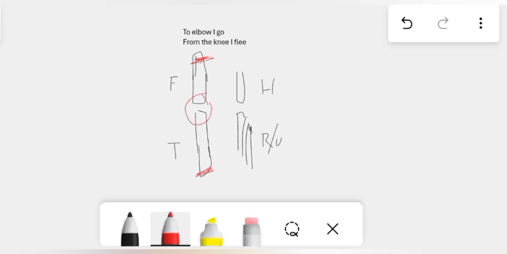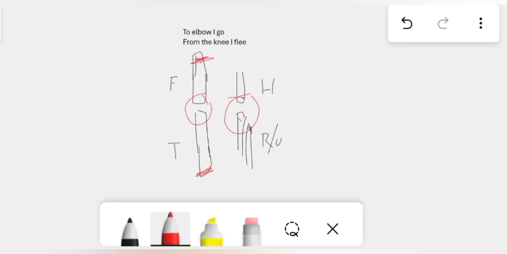And to the elbow I go means that, let's suppose this is humerus and this is radius and ulna. The place where humerus, radius and ulna meet is the elbow joint, right? And the growing end of humerus is also at the elbow joint, which is the lower end of humerus.